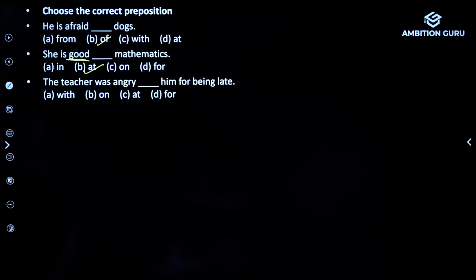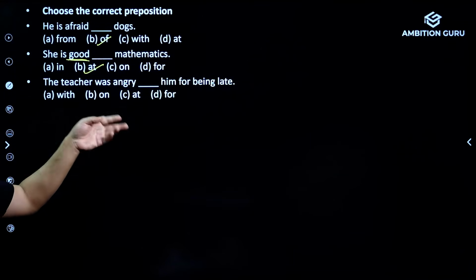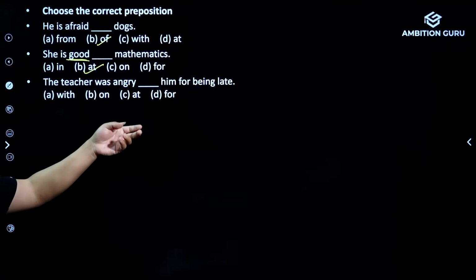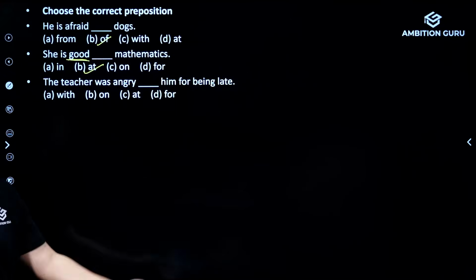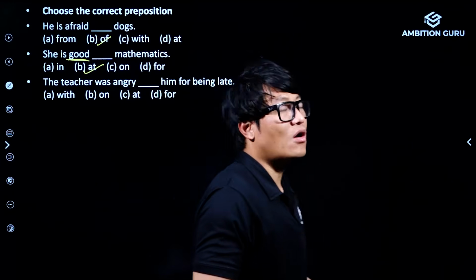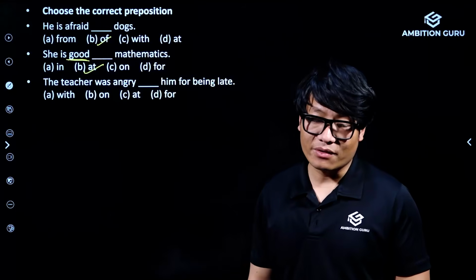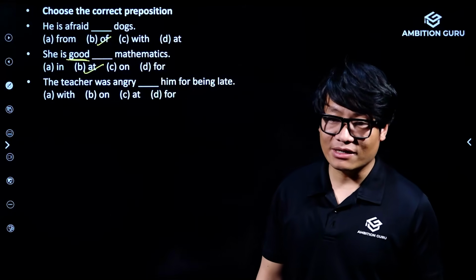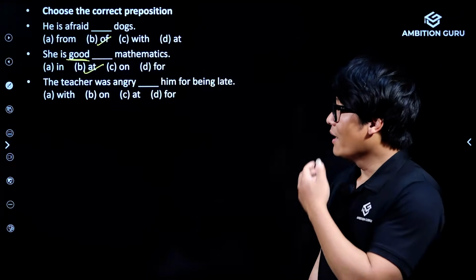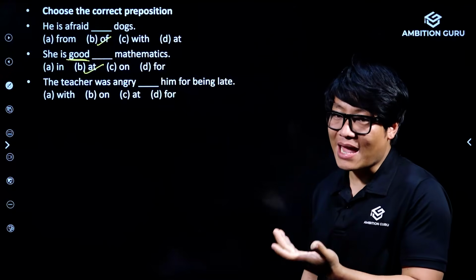Next. Teacher was angry dot dot dot him for being late. Teacher was angry with him, teacher was angry on him, teacher was angry at him, teacher was angry for him, which is right? Most of the time, this is common language and we speak, oh my friend, I'm really angry at you. So after angry, there should not be at.